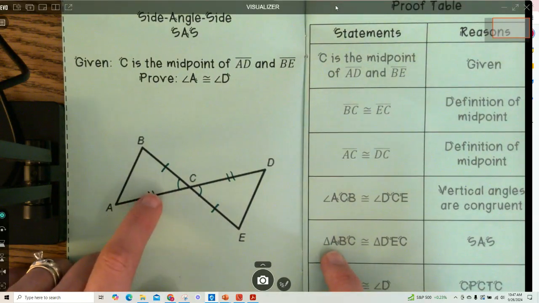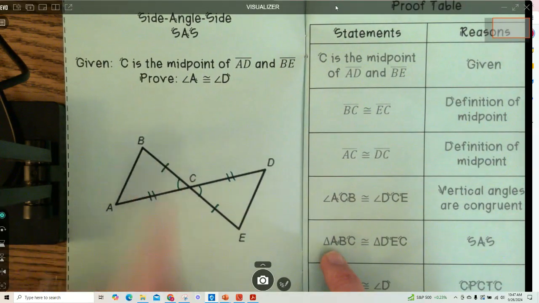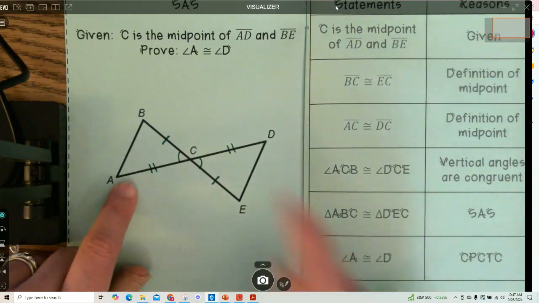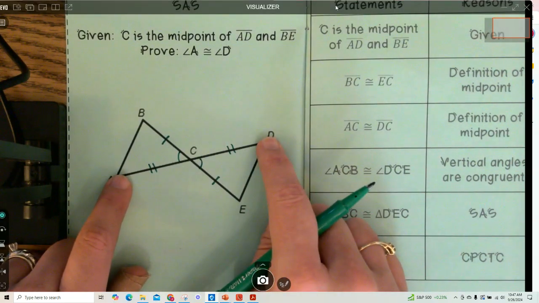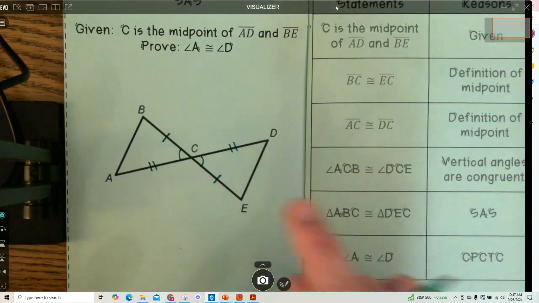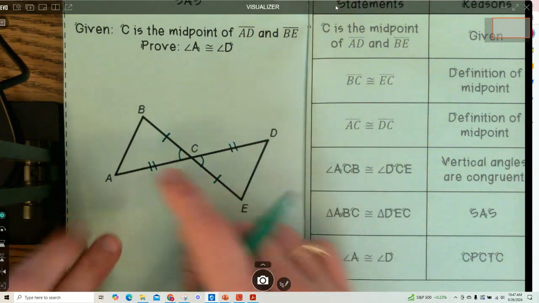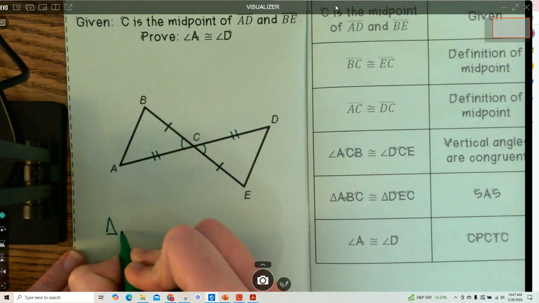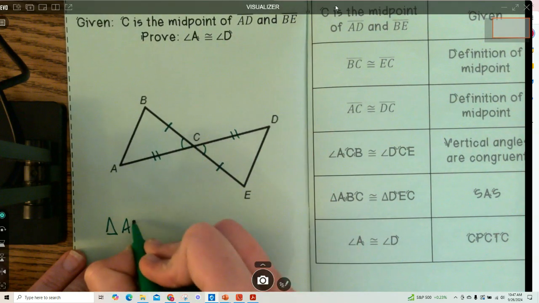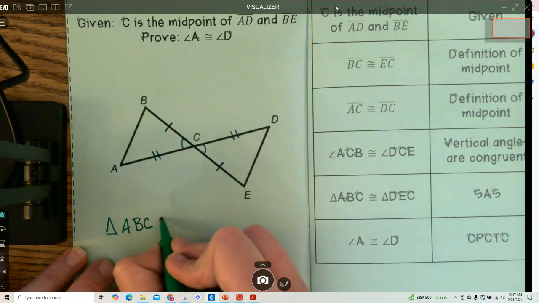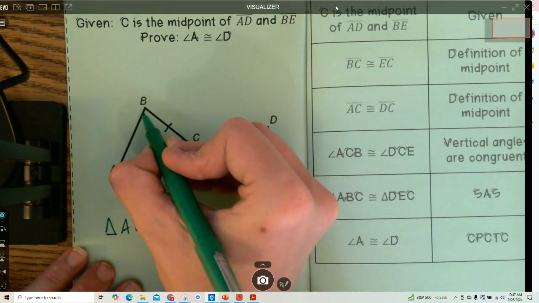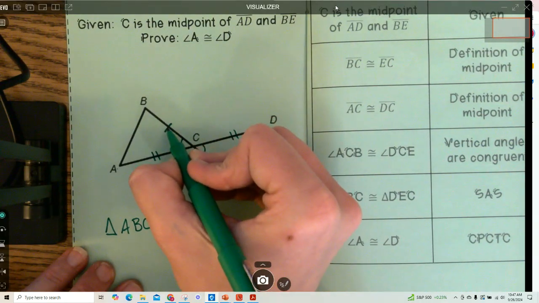So now what we have is side, angle, side congruency. Okay, all we have to do is prove that the triangles are congruent. Once we do that, then automatically A has to be congruent to D. So again, here's where that order really comes into play. If I wanted to name these triangles and write a congruency statement, let's do triangle ABC is congruent with, okay, A to B is this blank side, and then we go to the side with a 1.